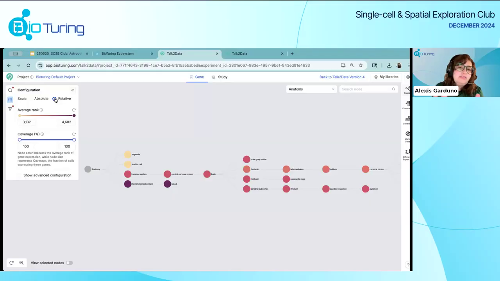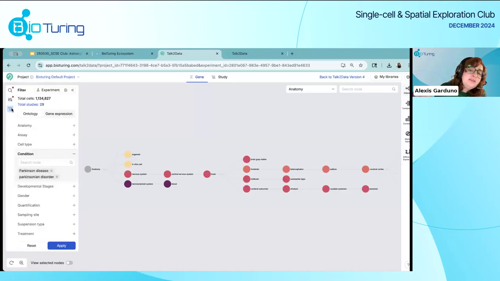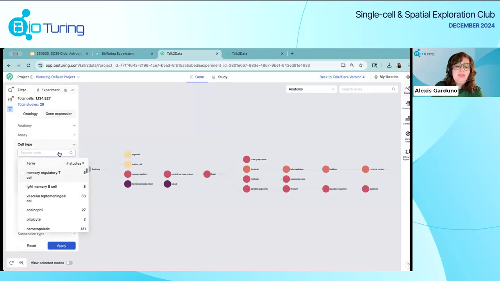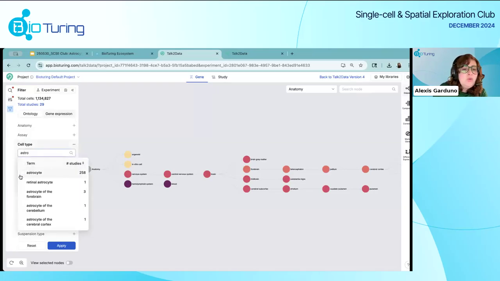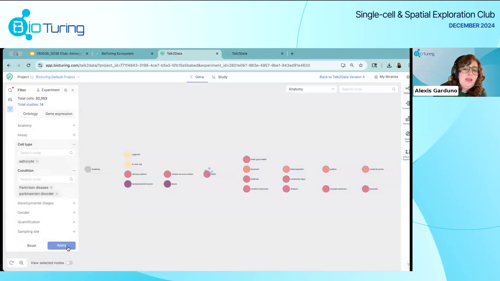And can we look at this across only astrocytes? So if you want to add that second layer where we're only isolating astrocytes within this specific analysis, we can add these cell types here and apply that specific filter. And that will then show you the role of these astrocytes, and particularly looking at this alpha-synuclein protein and how it's either aggregated or having other functional effects within Parkinson's disease.